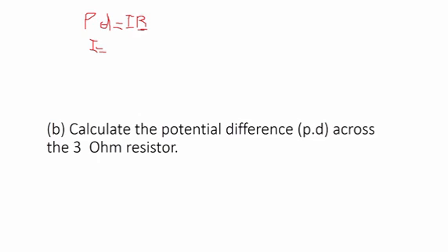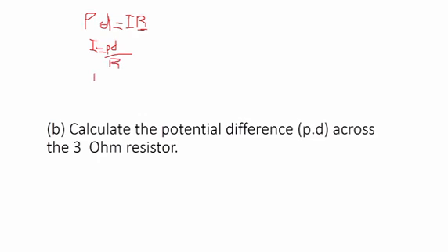Okay, so we are going to say current is equal to PD over the total resistance, which is the effective resistance.